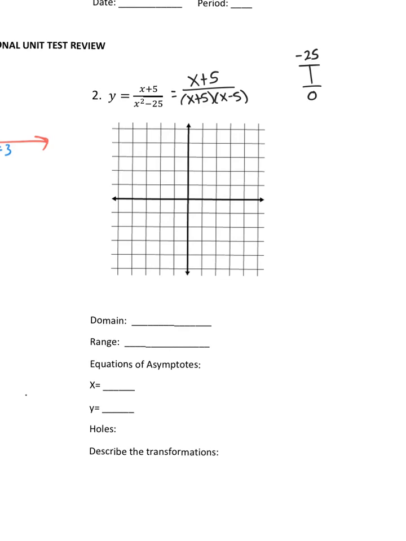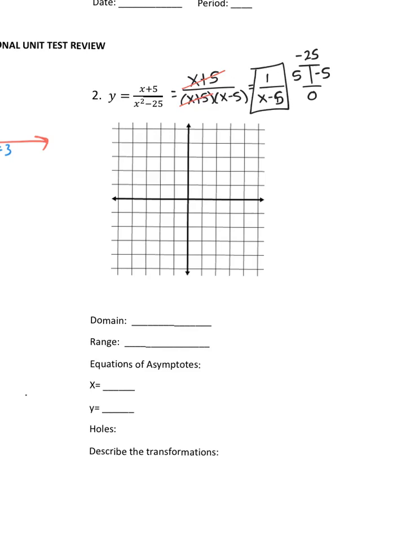So the coefficient in front of x, since you're missing it, is 0. So the two numbers that would give me that are 5 and negative 5. Notice now that the x plus 5 on the top and the bottom are going to cancel, and that's going to simplify to 1 over x minus 5. That is our final simplified answer.